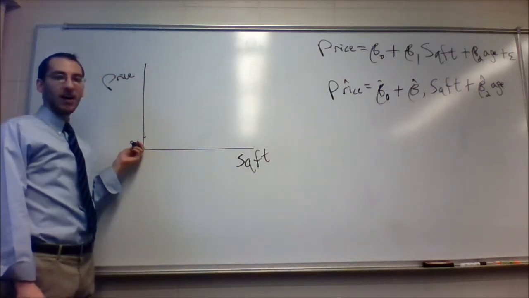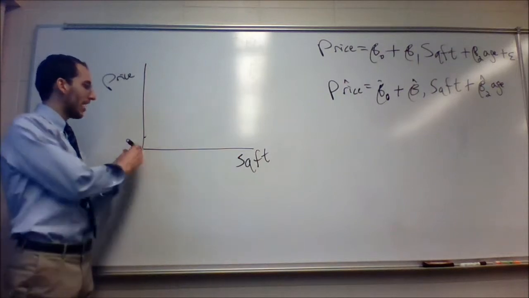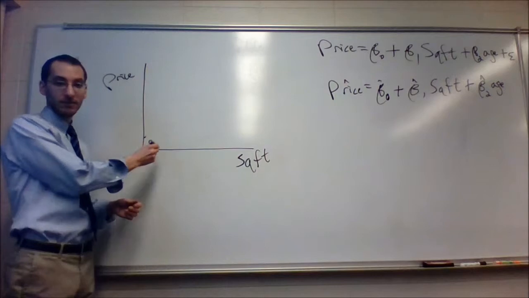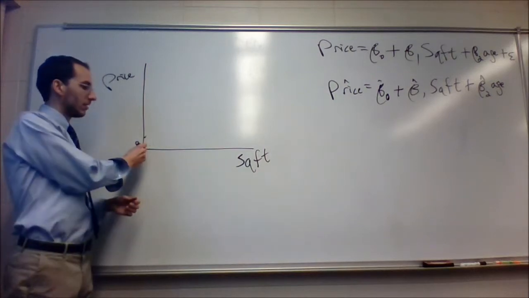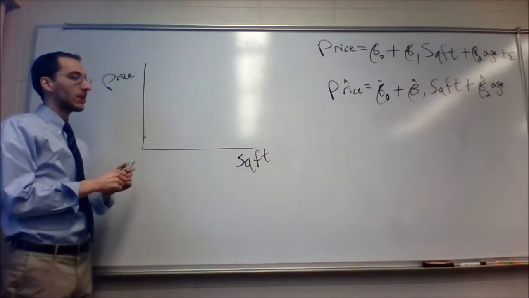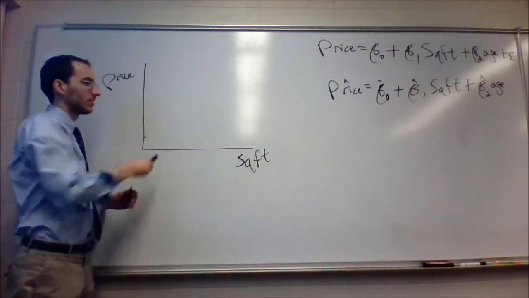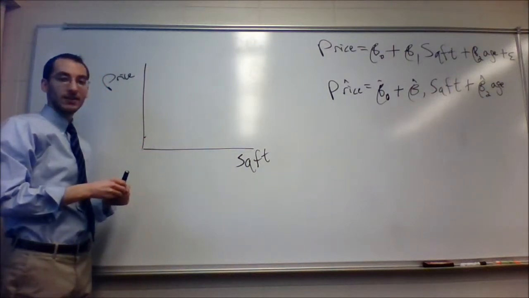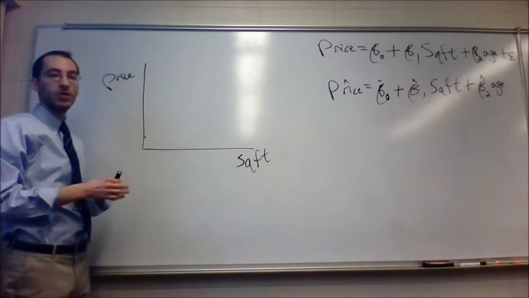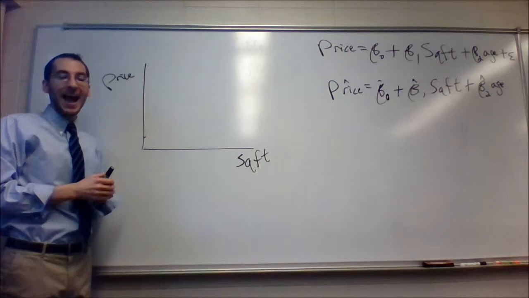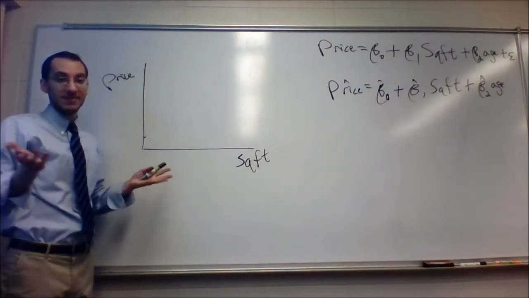So you can think of age as being another axis that's, say, coming out of the board. And instead of getting a regression line with square feet and price, what I actually get is, well, what does a bunch of lines add up to? They add up to a plane.